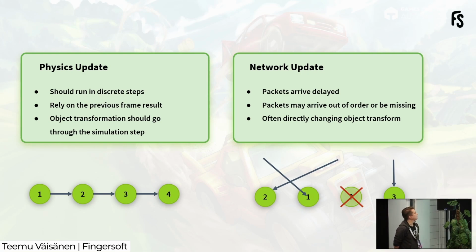But if you think about how a physics update works, the system has to run in discrete steps, one after another, and of course you rely on the previous result before you can calculate the next result. So it has to go from one step to the second and then the third and so on.